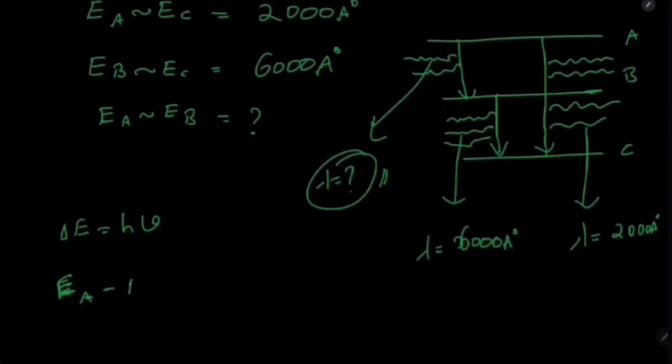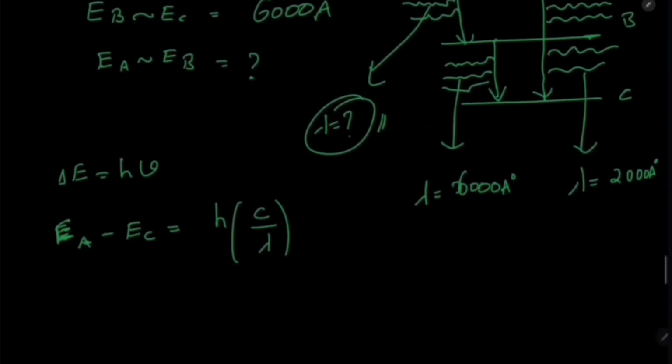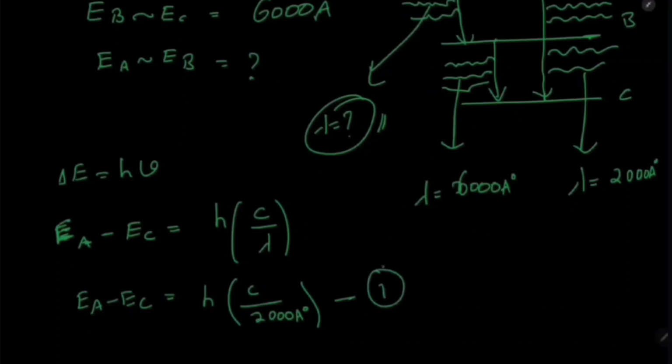EA minus EC is equal to h into mu, which can be written as h into c by lambda. EA minus EC equals h c by lambda, with lambda 2000 angstroms, in the case of the electron transiting from state A to the state C. Let it be equation 1.